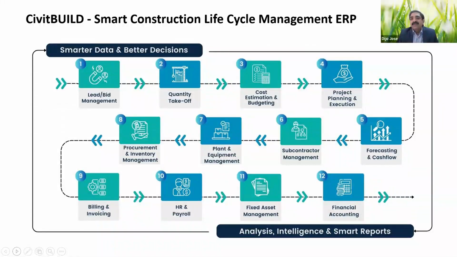Moreover, the entire project management in terms of scheduling, once you have a project of 6 to 8 months, how the total scheduling for the different activities related to the project is handled by the CivitBuild application. That's what we are going to discuss in depth in the next section, while we showcase the product demonstration. Next.